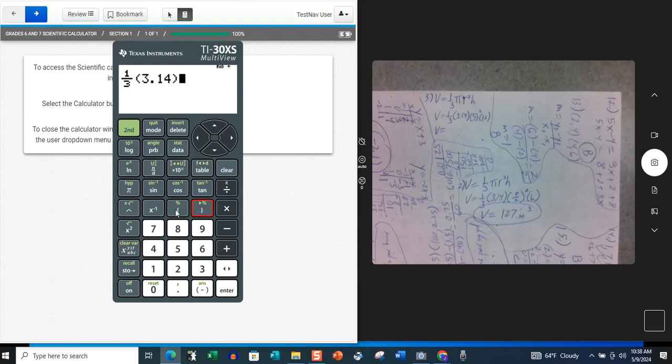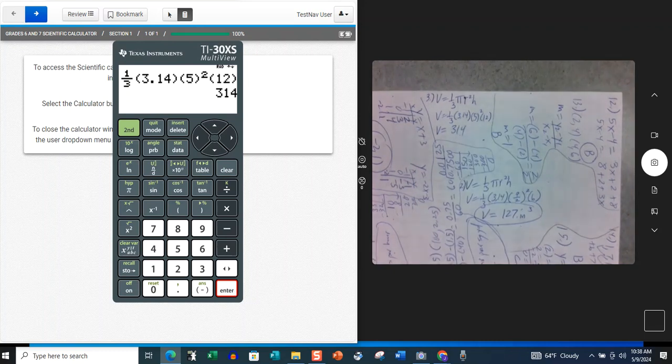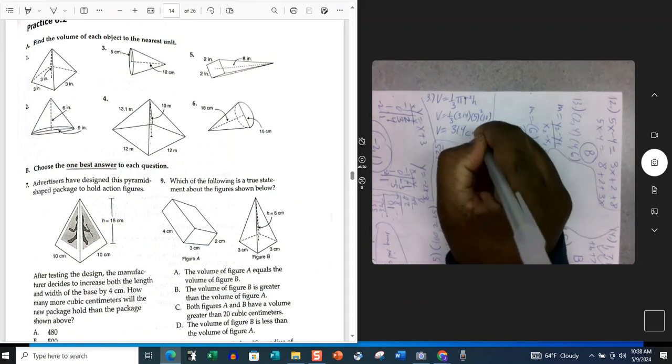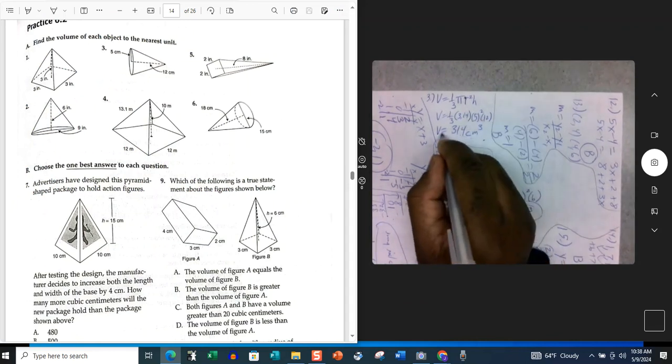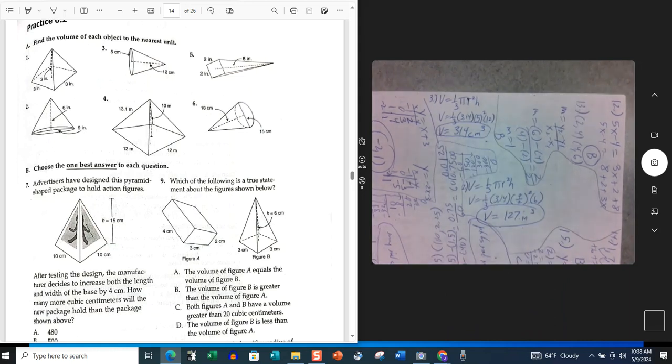Close the parenthesis, open parenthesis 5, close the parenthesis, x squared, open parenthesis 12, close that parenthesis and press enter. So it gives us 314, and I believe that was centimeters. Yes, so it'd be centimeters cubed. So it'd be 314 centimeters cubed.